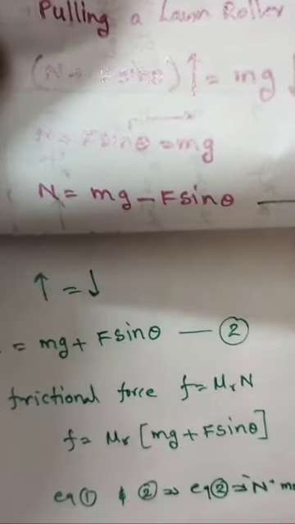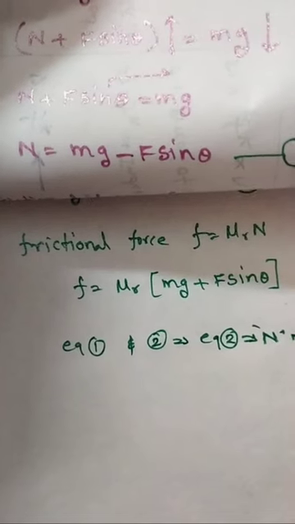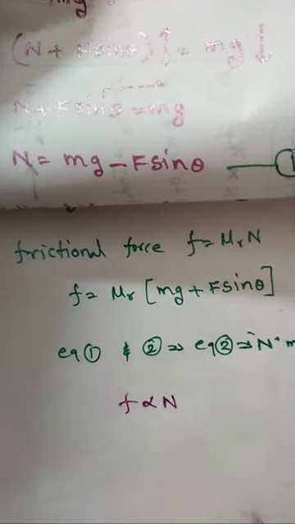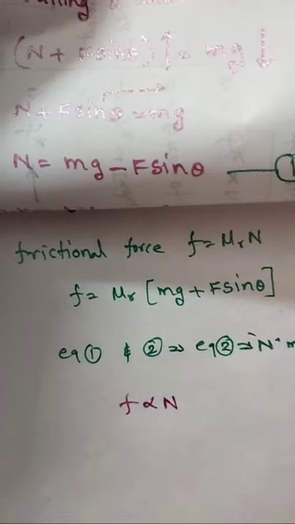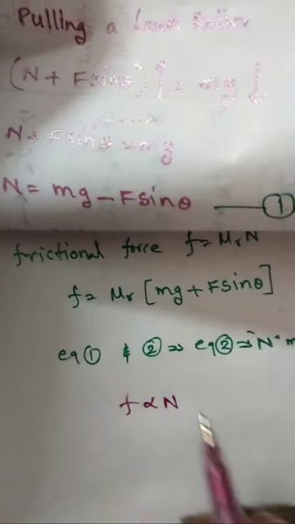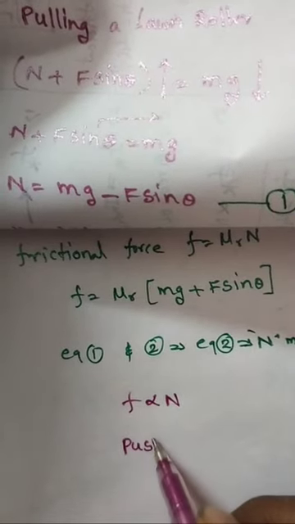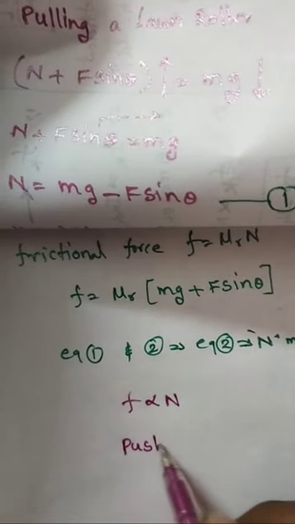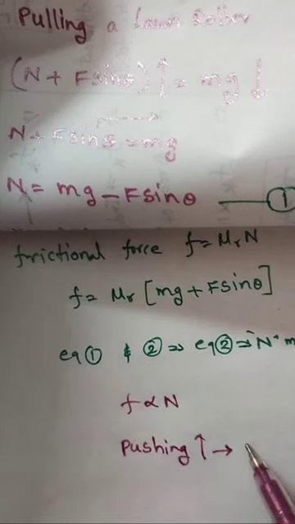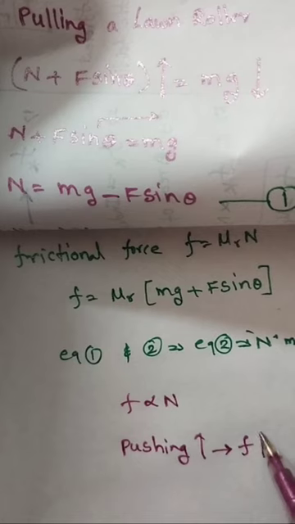So we always know that friction force is directly proportional to N. So N is more in which case? The pushing case. In the pushing case, N is more, so the friction is also more.